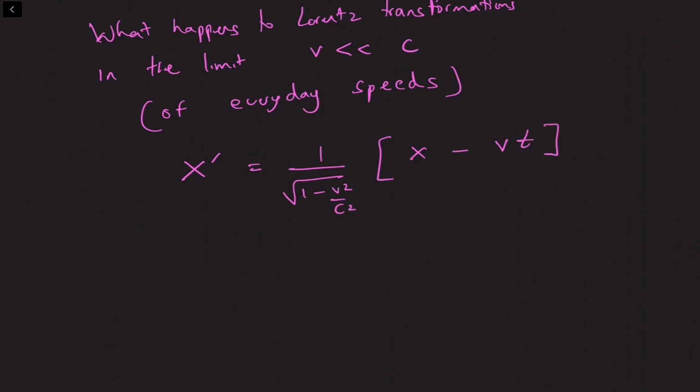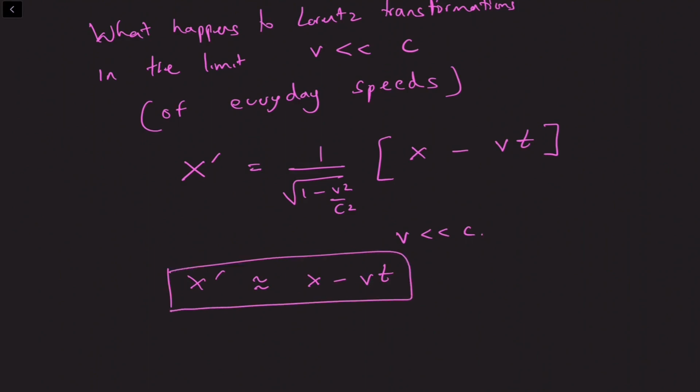In the limit that v is much, much less than c, x prime is approximately x minus vt. So this is very good, because it tells us that we recover one of the transformations of Galilean relativity: the position as measured by the moving observer is just the position as seen by the original observer minus vt.